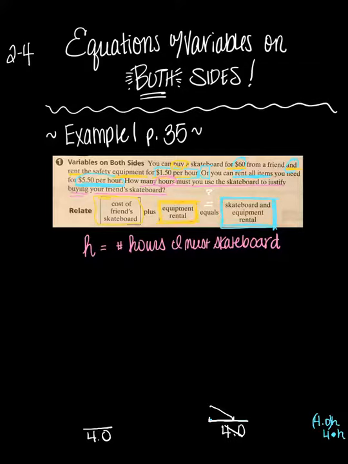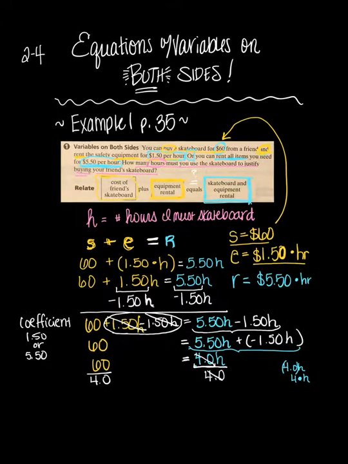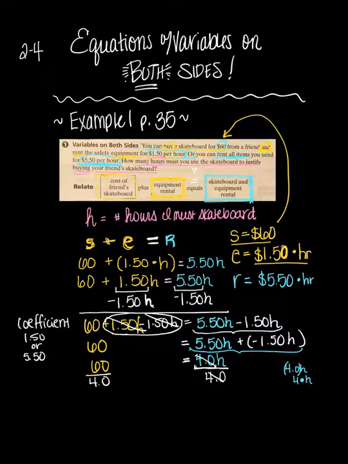What I do to one side of my equal sign, I've got to also do to the other. So I end up with my 4's canceling out. I have h equals 60 divided by 4, and 60 divided by 4 is 15.